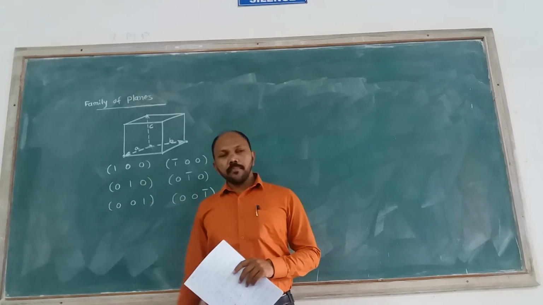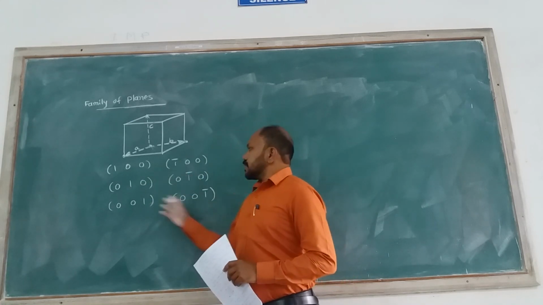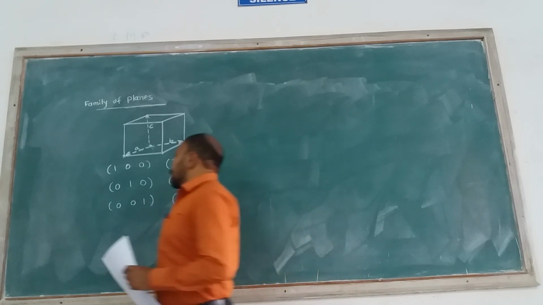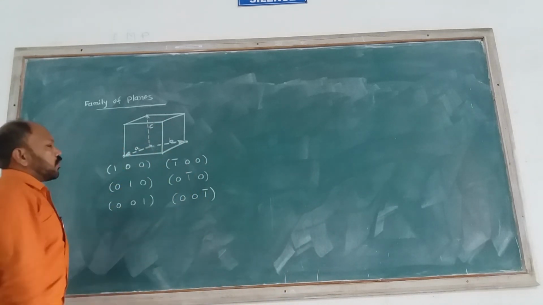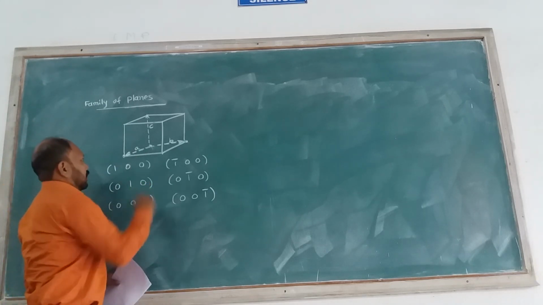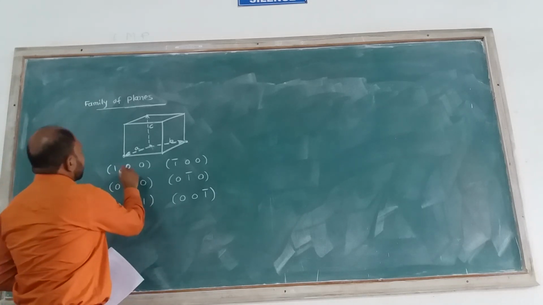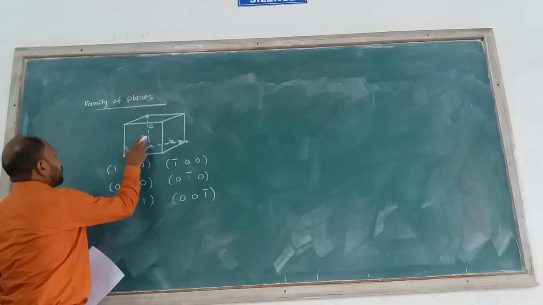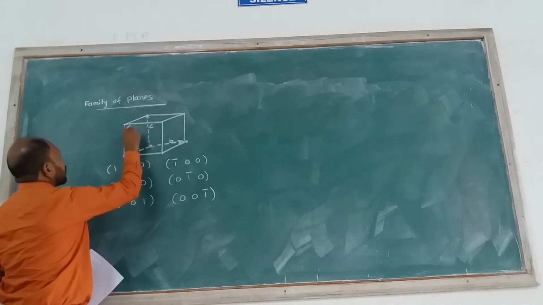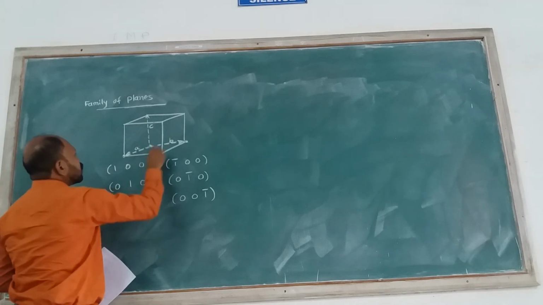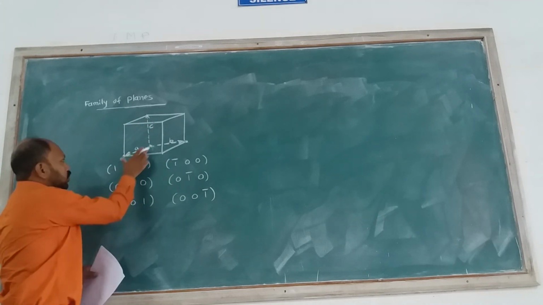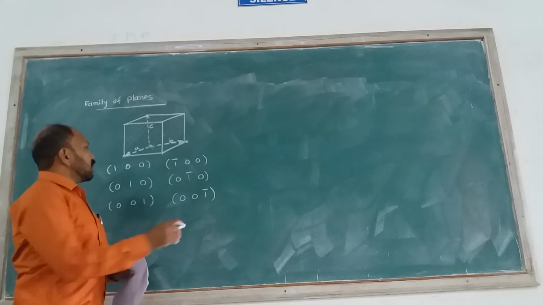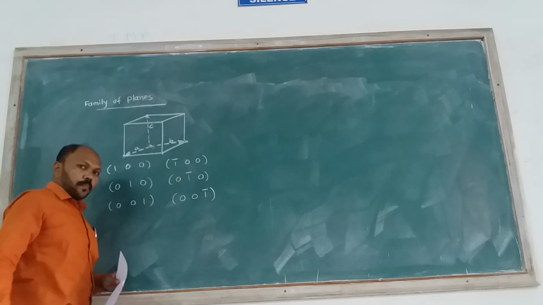In the format of intercepts, all these cases we write together here. So 6 different cases are possible for that one particular plane. Okay. So if we consider this case, 1 0 0, the plane is at this location. In A direction, unit distance is available. B is parallel, C is parallel to this plane. So here the values become 0 0.